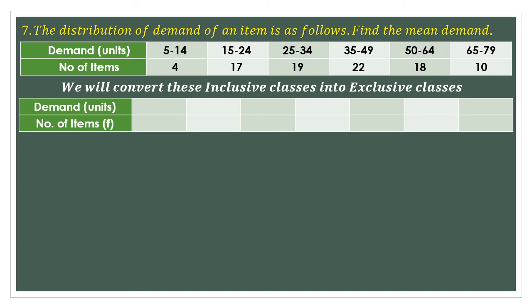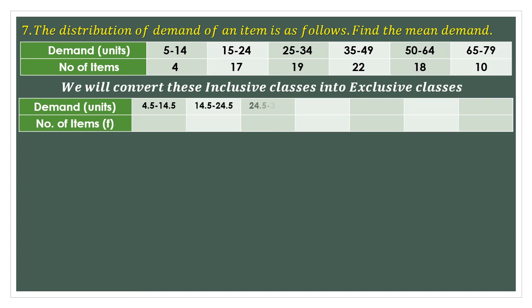Now for 5 to 14, the simple method is to deduct 0.5 from the lower boundary and add 0.5 to the upper boundary. So 5 minus 0.5 and 14 plus 0.5 will be 4.5 to 14.5. The same method is to be applied to each of the remaining classes. Deduct 0.5 from the lower boundary, add 0.5 to the upper boundary.